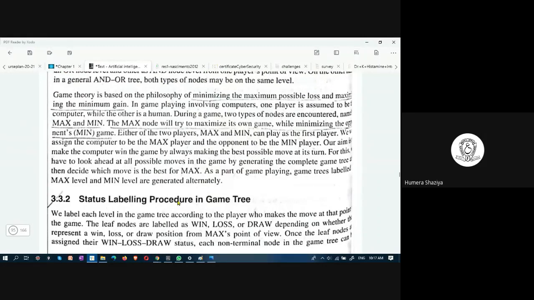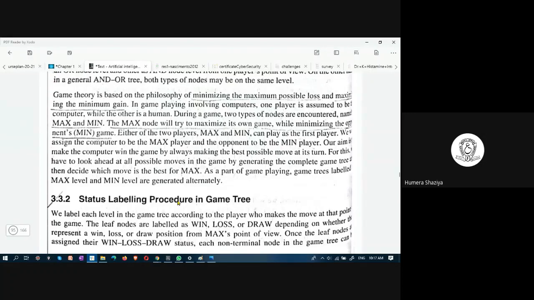An important point here is that game theory is based on the philosophy of minimizing the maximum possible loss and maximizing the gain. Minimizing the loss and maximizing the gain.